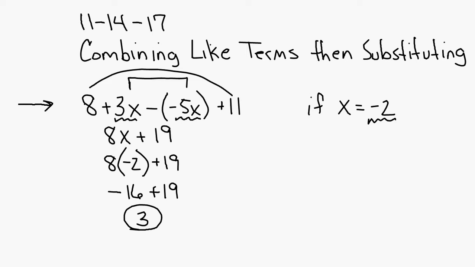Okay? So I got 4 more examples for you to see. Negative 16 minus 7x minus x minus negative 5 plus 2x. And this is when x equals 6.